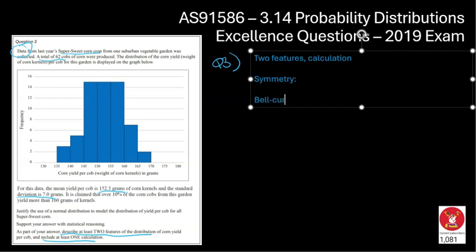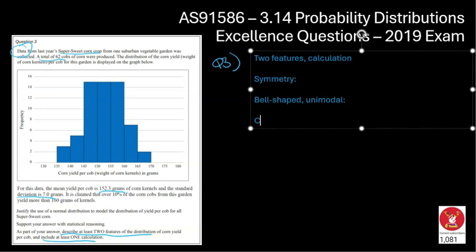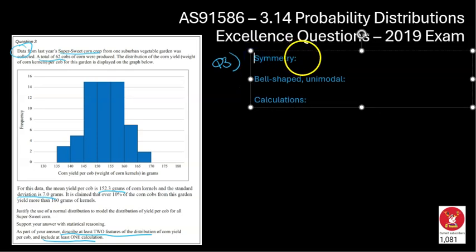So that kind of discussion, it could be bell-shaped and unimodal. I think those combined necessitate the requirements of a normal distribution model. And then finally, just a reminder, it did ask us to do some calculations as well. So we're going to sit down there and do some calculations to see. So that's the rough scaffolding of what my answer is going to look like.